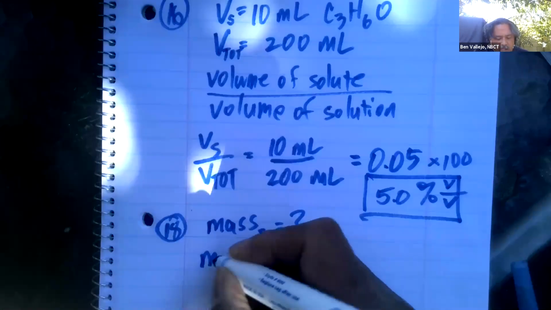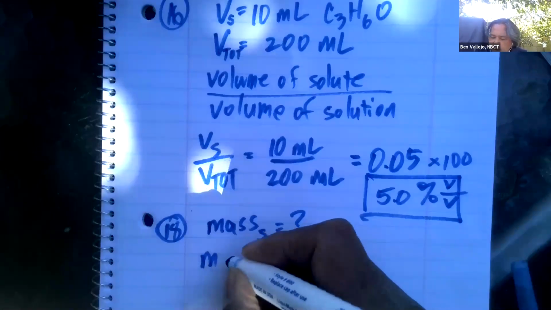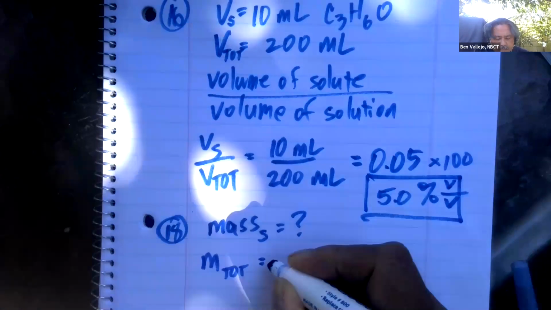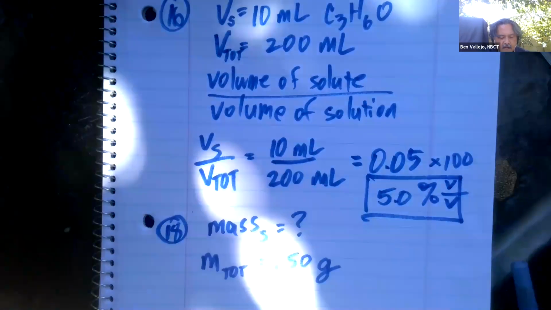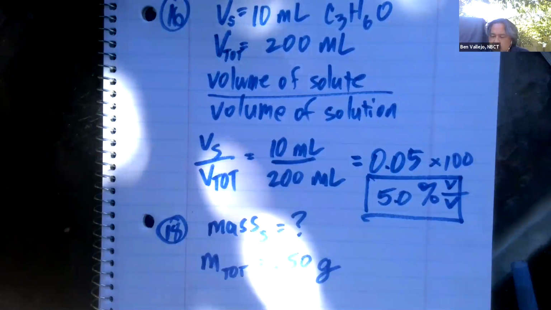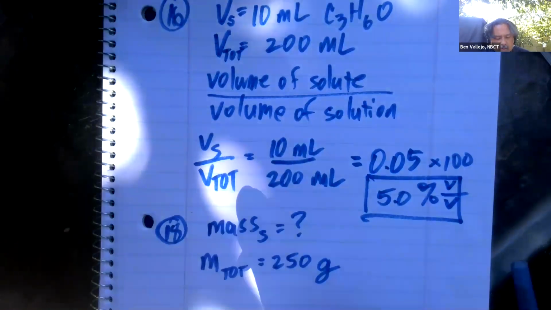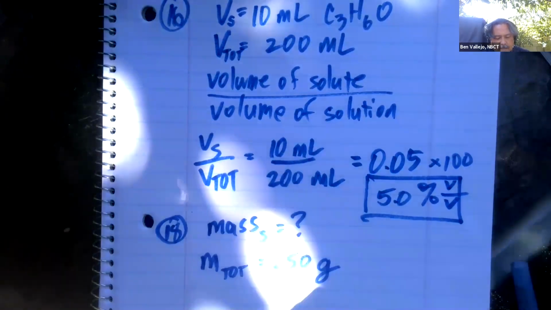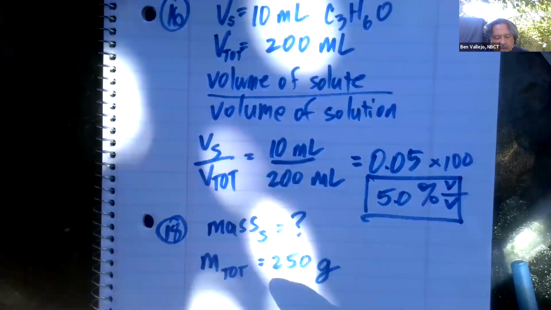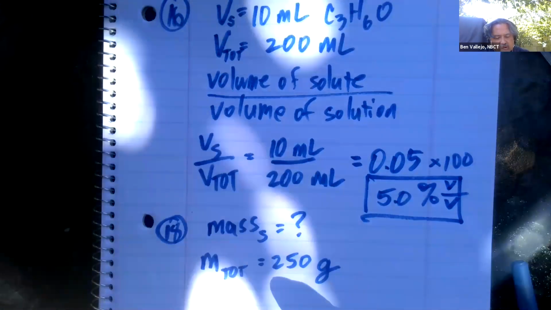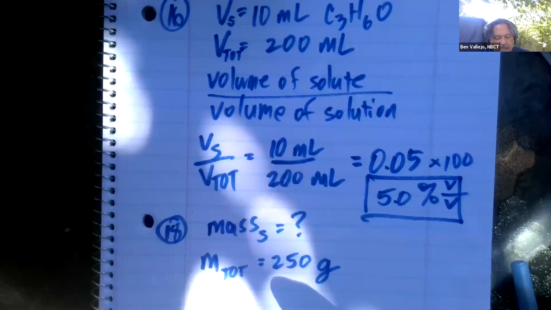Total mass of the whole thing is 250 grams. And you have a 10% MgSO4 magnesium solution. So let's see, what you need to do is, well, you know the percent by mass.